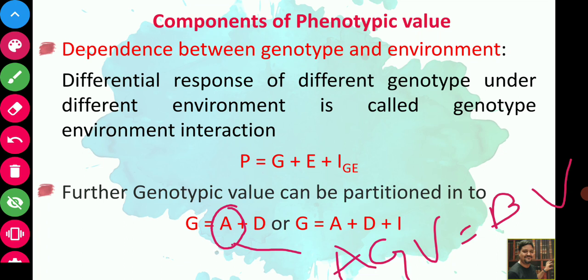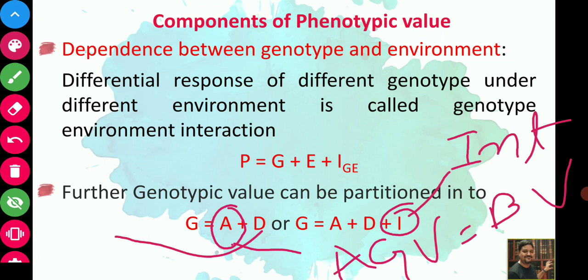Similar to this, there is one more component which is called I. I is called interaction. Dominance was also an interaction, but it is an intraallelic interaction, whereas this I is called interallelic interaction.